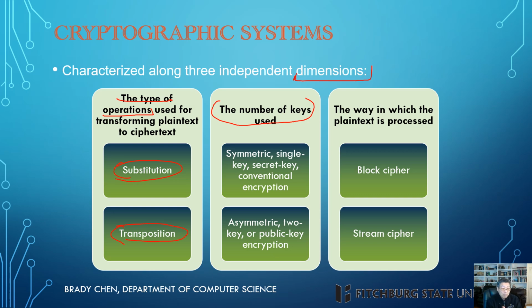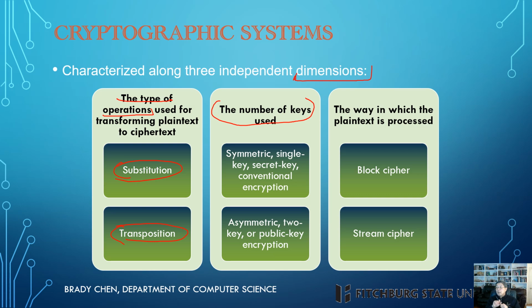For the asymmetric, typically we use two keys, sometimes called public key encryption, in which there are two keys. One is called the public key, the other one is called the private key. We either encrypt the plaintext using the public key and decrypt it using the private key, or vice versa. We encrypt it using the private key and then decrypt it using the public key.